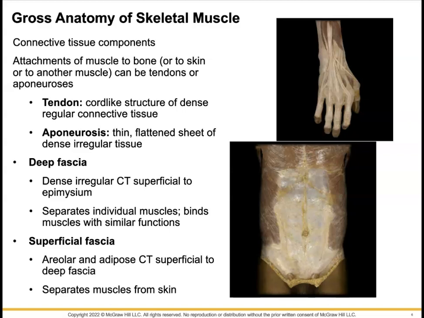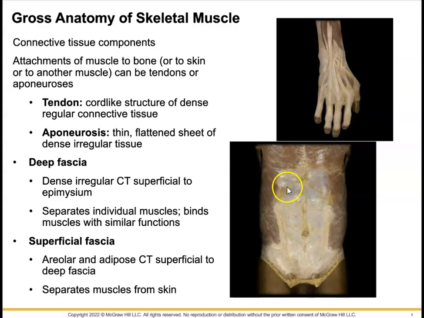An aponeurosis is the same tissue, but it is more of a flattened sheet. If you look right here at this image of the dorsal aspect of the hand, you can see these cord-like structures. Those are tendons attaching the forearm muscles to the bony structures.